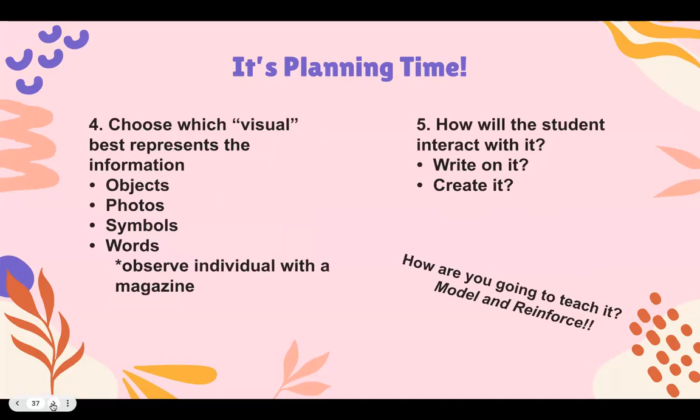What visual is it going to have? Objects, photos. Objects would be for very young kids who don't even look at picture books yet, or individuals who don't look at photos, where photos don't really have a lot of meaning to them, or symbols. So objects might be where you start. But then you may have photos, a mix of photos and symbols.